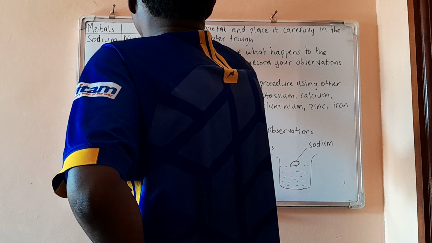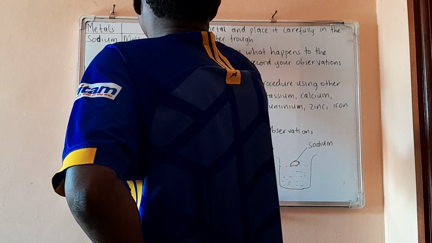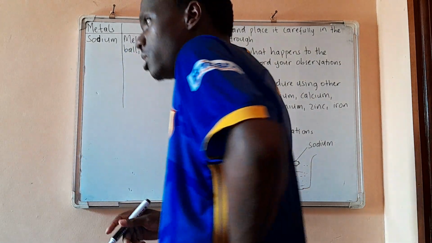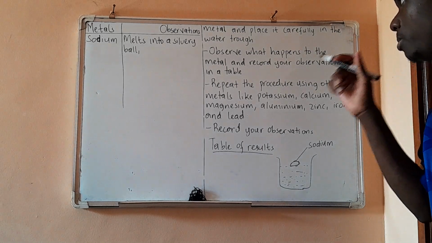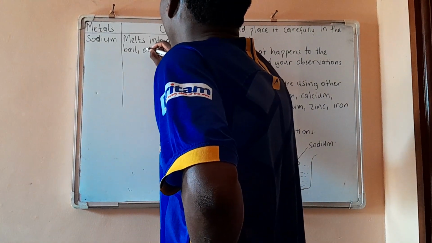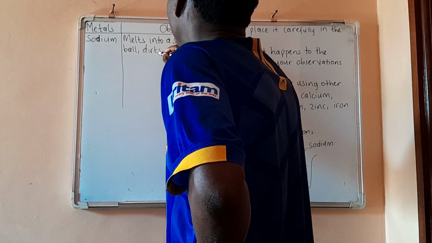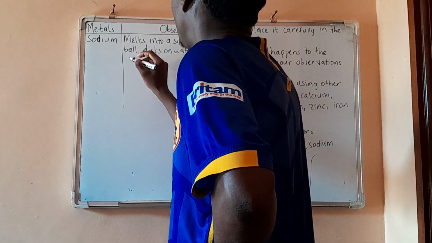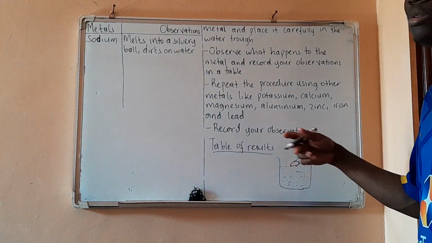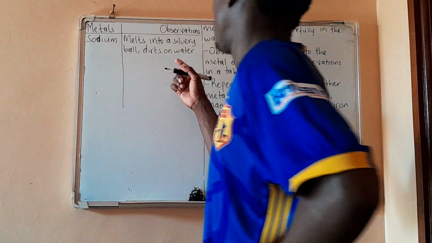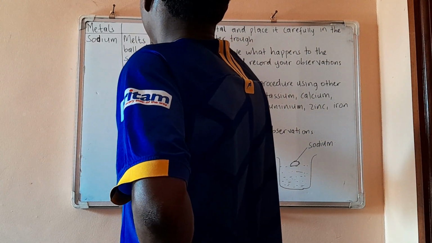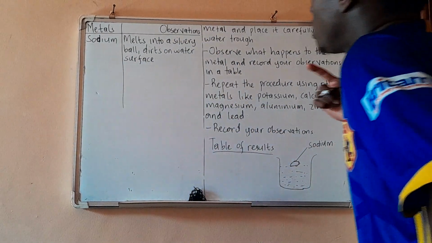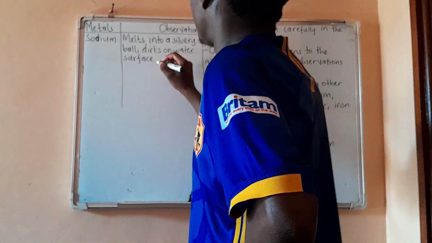into a silvery ball. Then it darts on water. The clear water will turn into dirty water. That's on the water surface.